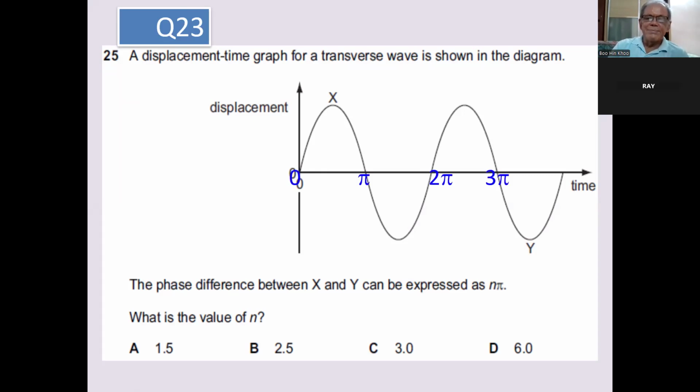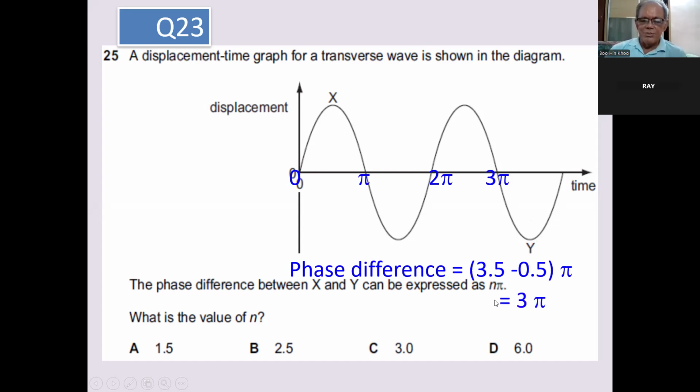Pi is 180 degrees. 2 pi is 360 degrees. Then x is 90 degrees or half pi. Y is 2 pi to 3 pi, 3.5 pi. The subtraction is 3. The answer is C.